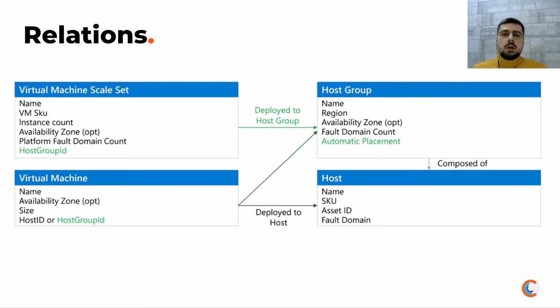This figure will help you understand how virtual machines and VM scale sets running on your dedicated hosts are related to the dedicated host group and dedicated host. A VM can be assigned to the host group or directly to the host, and a virtual machine scale set should be deployed only to the host group.